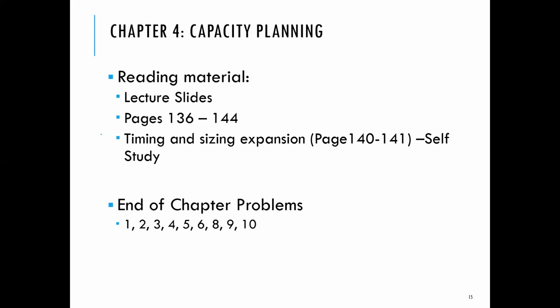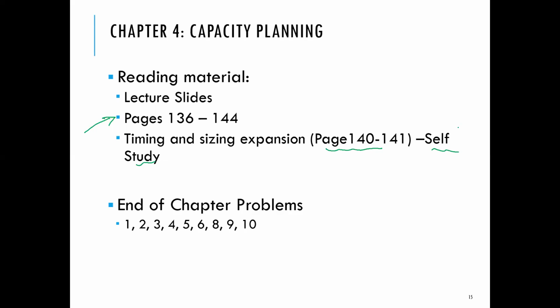For this chapter, I've assigned roughly 8 pages from the book. Those pages contain the same information that we have in the slides and that we have discussed in this lecture. There are a couple of extra pages that I have assigned as self-study. Whenever something is assigned as self-study, it means I expect you to go through it.